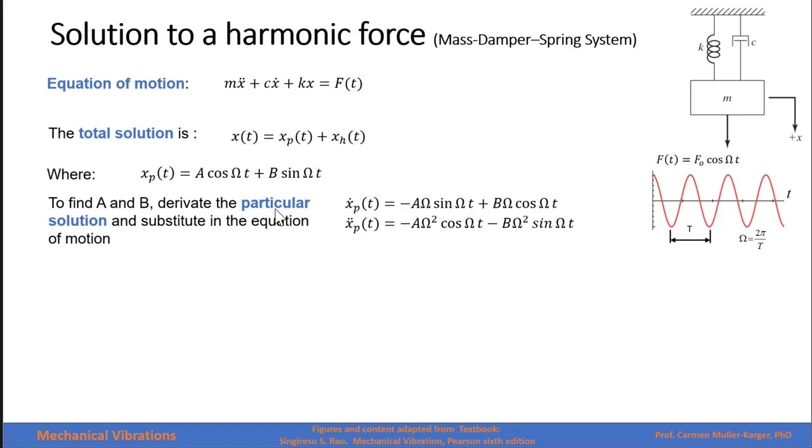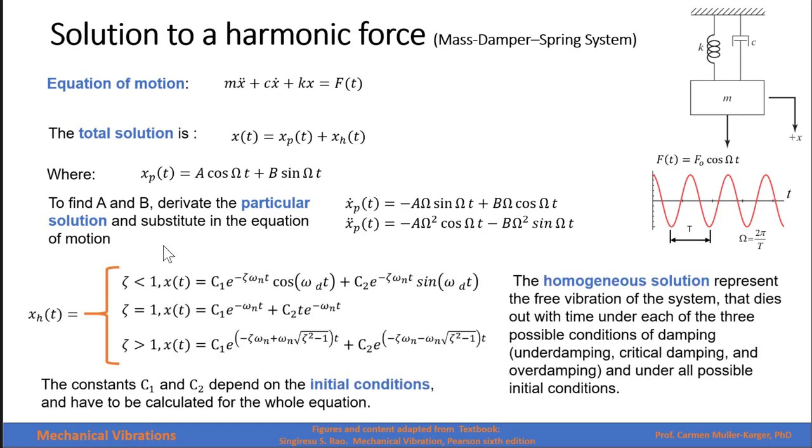To find the constants, we will differentiate the particular solution, find the velocity, which will be multiplied by the damper coefficient, and then the second derivative, which will be the acceleration, will be multiplied by the mass.